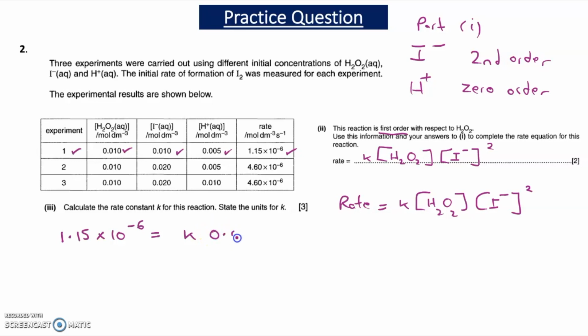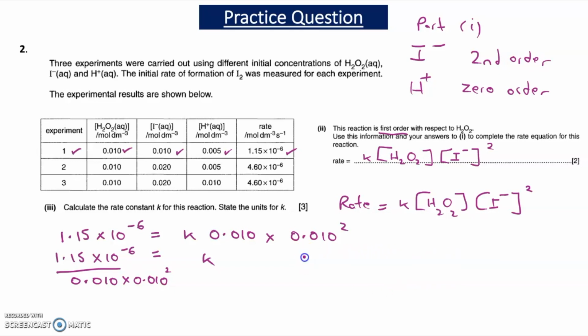So rate equals 1.15 times 10 to the minus 6, and that's equal to K times the concentration of hydrogen peroxide, 0.010, times the concentration of iodide ions squared, so it's 0.010 squared. And I can rearrange this to find K, so it will be 1.15 times 10 to the minus 6 divided by 0.010 times 0.010 squared, and that will give me K.